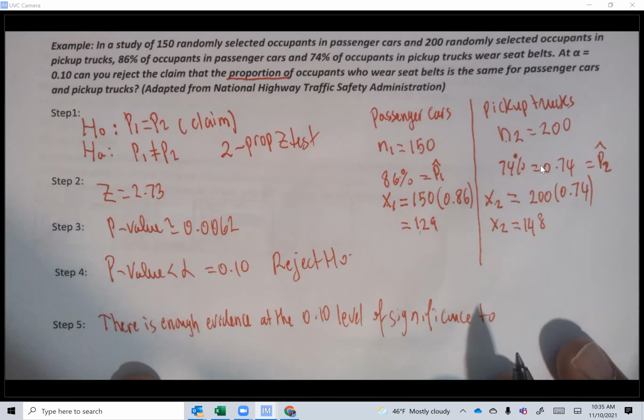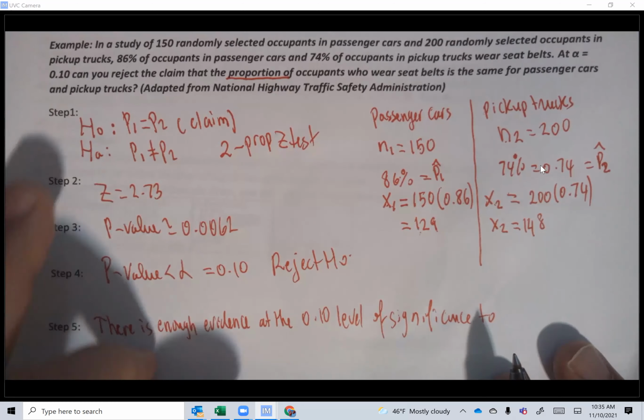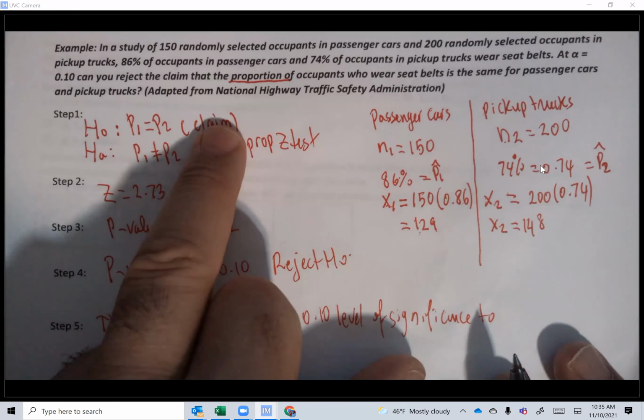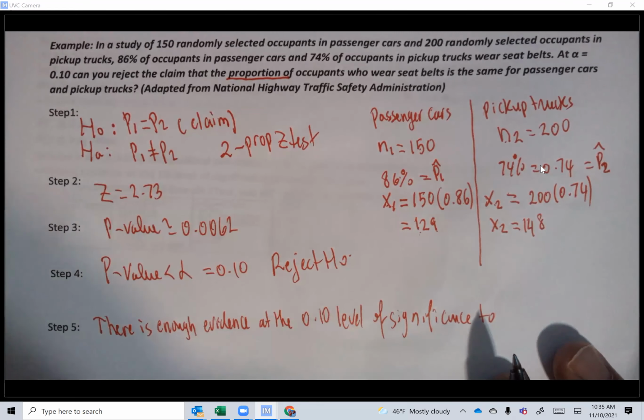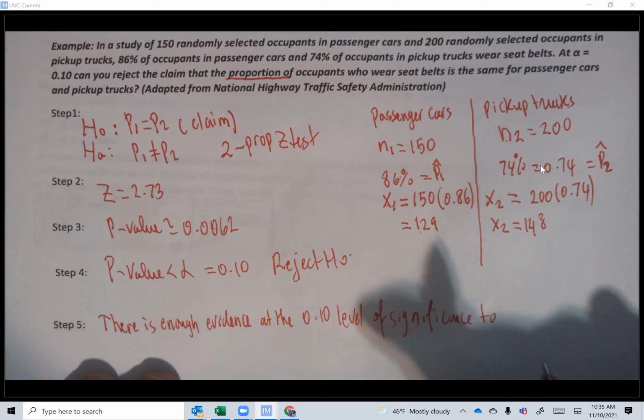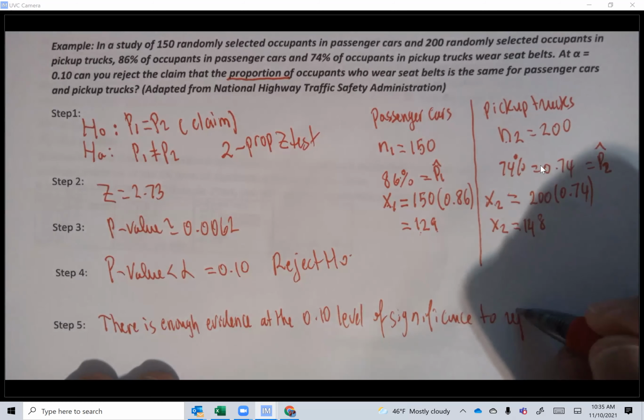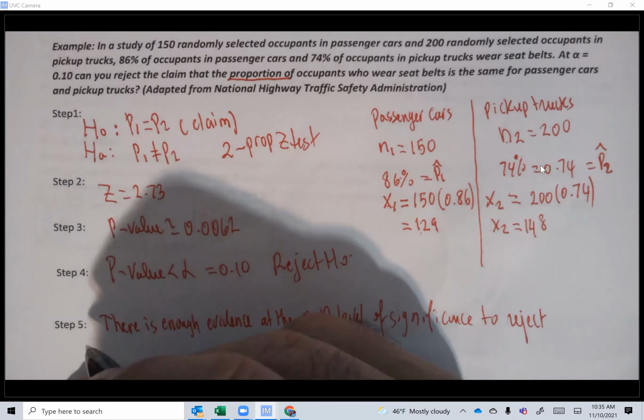To reject the claim or support the claim? What do you guys think? We rejected H0 and the claim is in H0. So we end up rejecting the claim. There is enough evidence at the 0.10 level of significance to reject the claim.